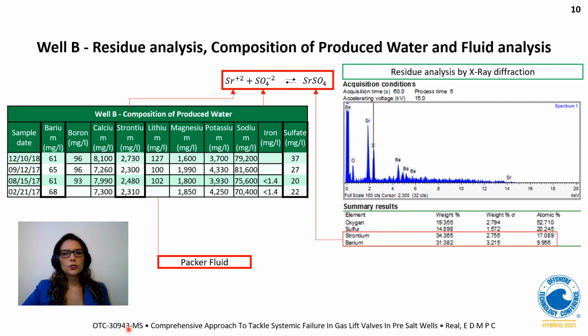During a workover operation, to avoid rig downtime, it is common to use seawater instead of potable water in the formulation of completion fluids. Unfortunately, this brought to the completion fluid a high concentration of sulfate ions from seawater. It is believed that the strontium ions from the produced water met the sulfate ions from the completion fluid and generated strontium sulfate.